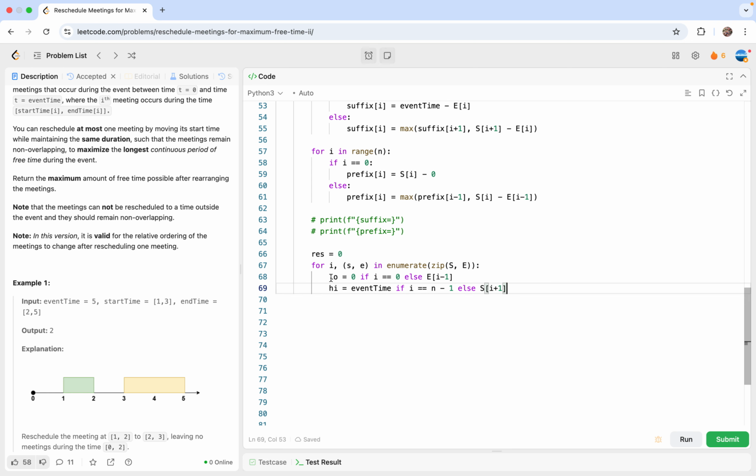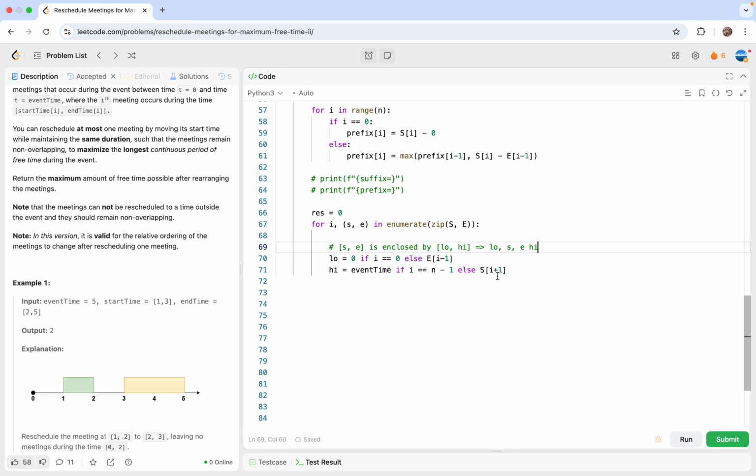So low and high is enclosing meeting i, that is S and E, is enclosed by, say, low and high, right? You can see something like this, in coordinate, it will be something like low, start, end, and high.